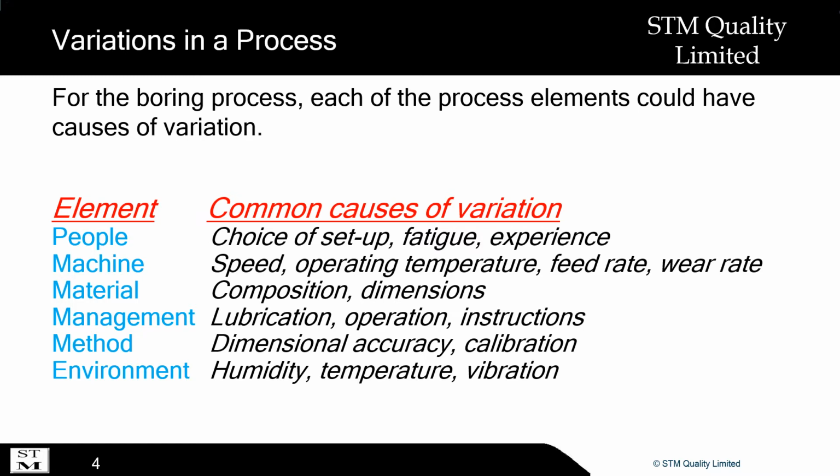For the machine, its speed, operating temperature, feed rate, wear rate. For material, its composition and its dimensions. The management, for lubrication, operation and instructions for the process. The method, dimensional accuracy, calibration, and environment, humidity, temperature and vibration.